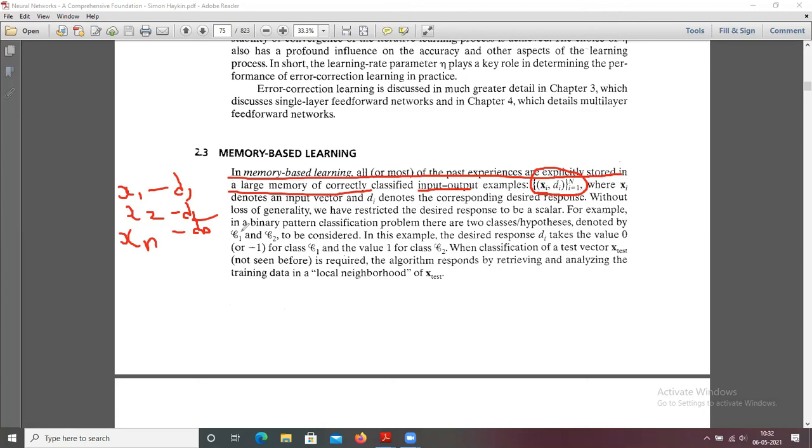In our previous example, you are taking A and B as two groups. Here they are zeta 1 and zeta 2, the two groups, like A and B. One represents 0 and the other represents 1.